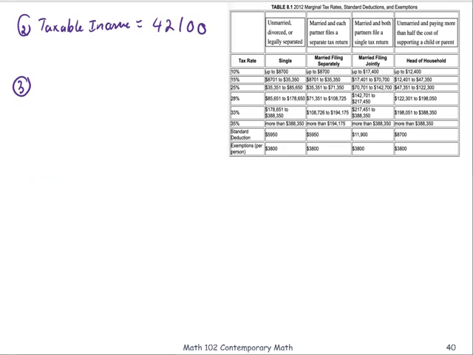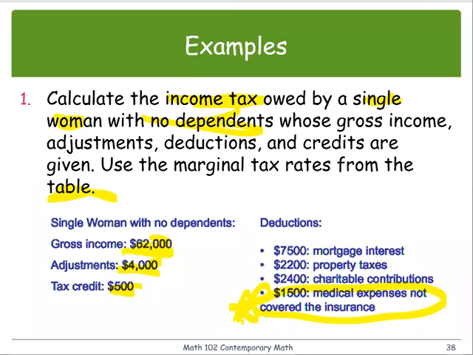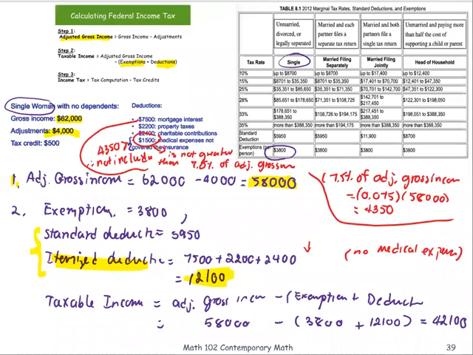And then for number 3, when we compute the income tax, we're going to do the tax computation first and subtract it by the tax credit. Recall the tax credit is 500, and for step 3, we're going to subtract the tax computation by the tax credit to be income tax.